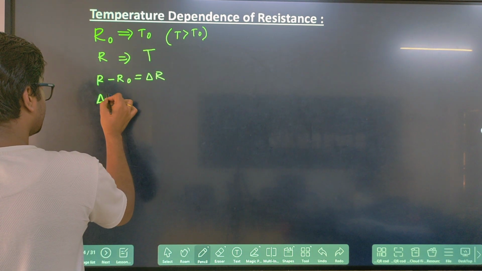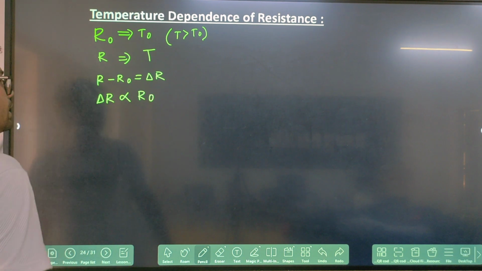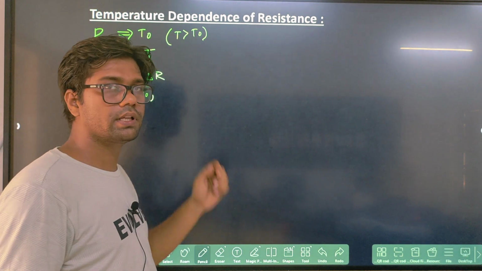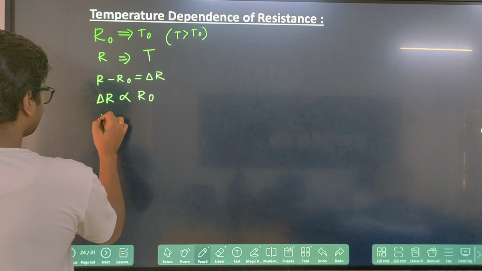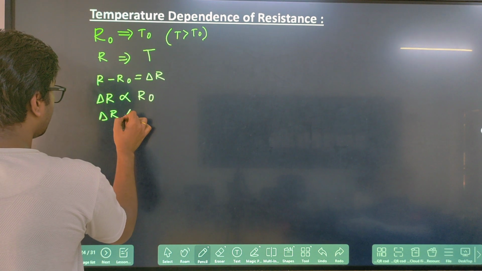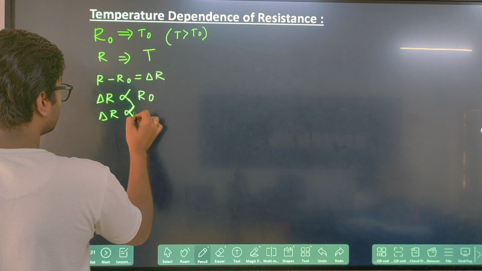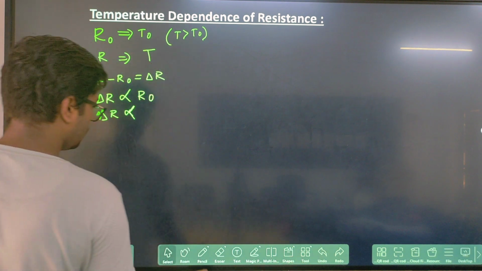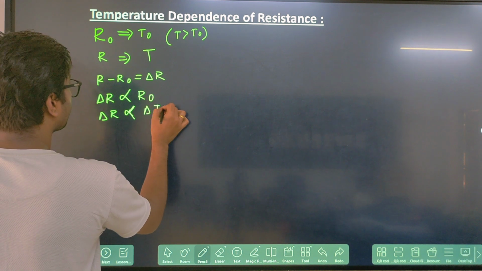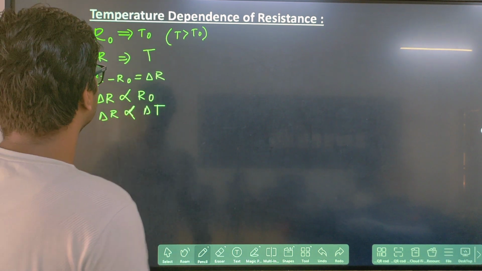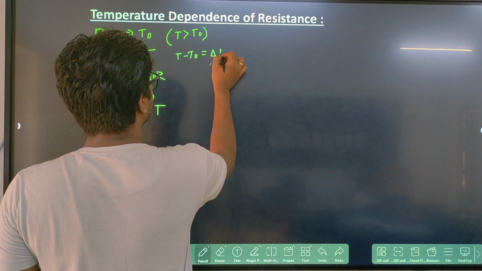Experimentally it is found that delta R is proportional to R naught, the initial resistance. Whatever the resistance is at T naught, delta R is proportional to that R naught. And experimentally it is also seen that delta R is proportional to delta T. Delta T is T minus T naught.